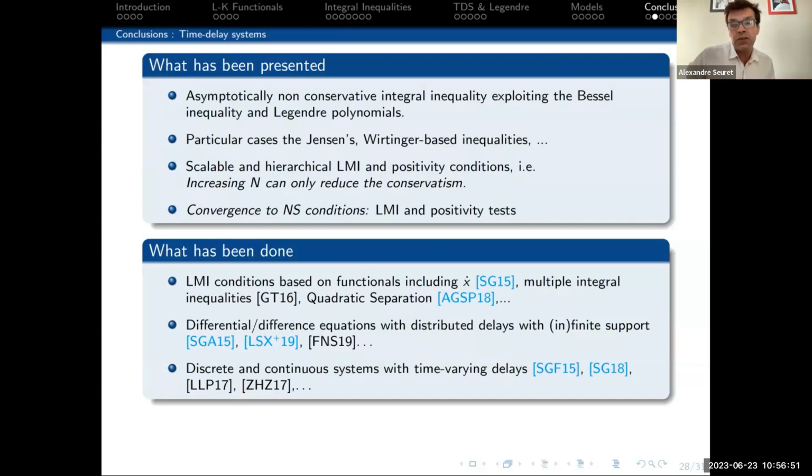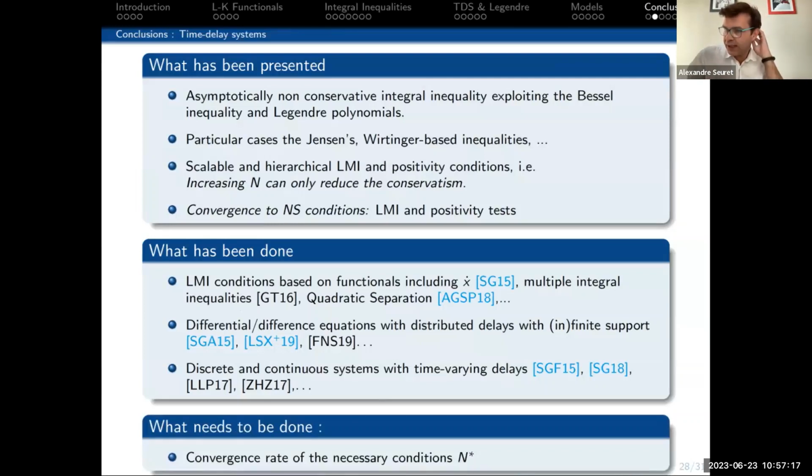We have also considered this method in the framework of quadratic separation. We have also considered the case of differential and difference equations with distributed delays with finite and infinite supports, and also some extensions to the case of discrete and continuous time with time-varying delays.